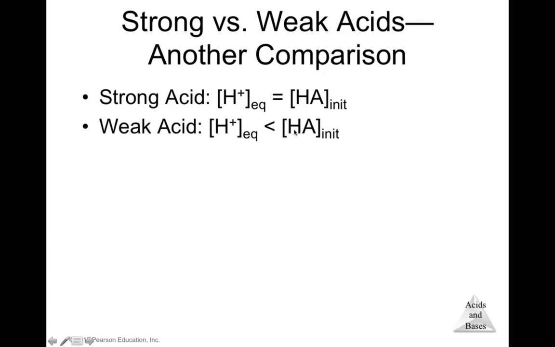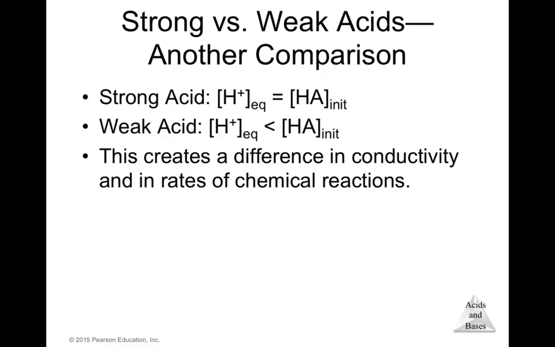For the weak acid, the initial concentration is going to be larger than the concentration of H3O at equilibrium. We saw that in the last example, where the initial concentration was 0.1 and the concentration of H3O was 4.2 times 10 to the minus 4 or something like that. The thing is that the concentration of H3O at equilibrium was really small compared to the initial concentration of the weak acid.